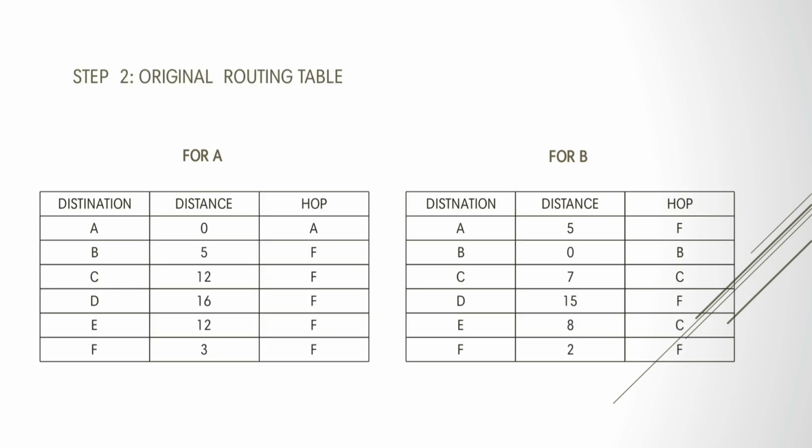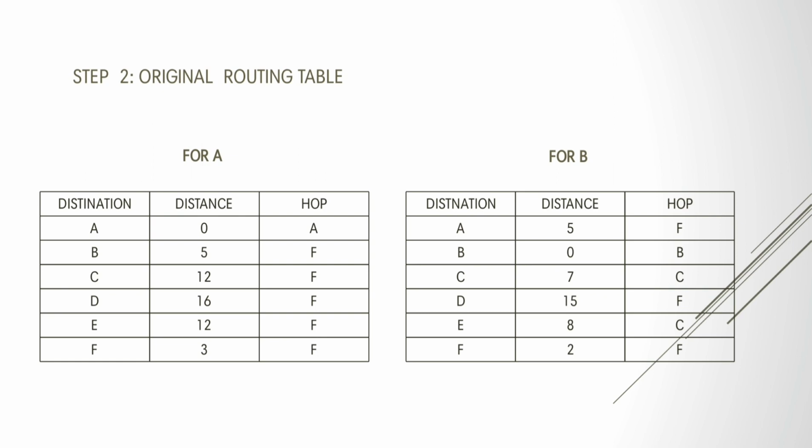Step 2. Let's now create an original routing table. For this original routing table, we'll consider three columns: destination, distance, and HOP. HOP means the next node from the source towards the destination. Let's see an original routing table for A. Let's have the destinations A, B, C, D, E, F considered here.